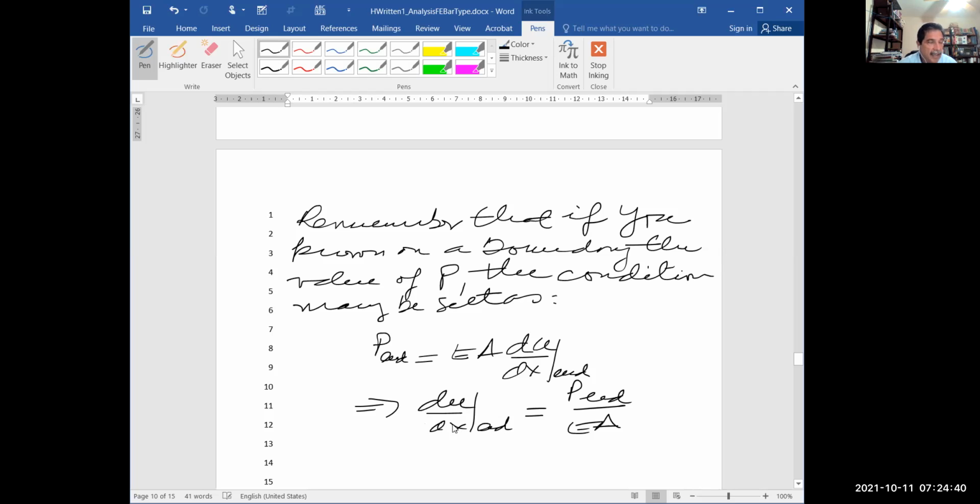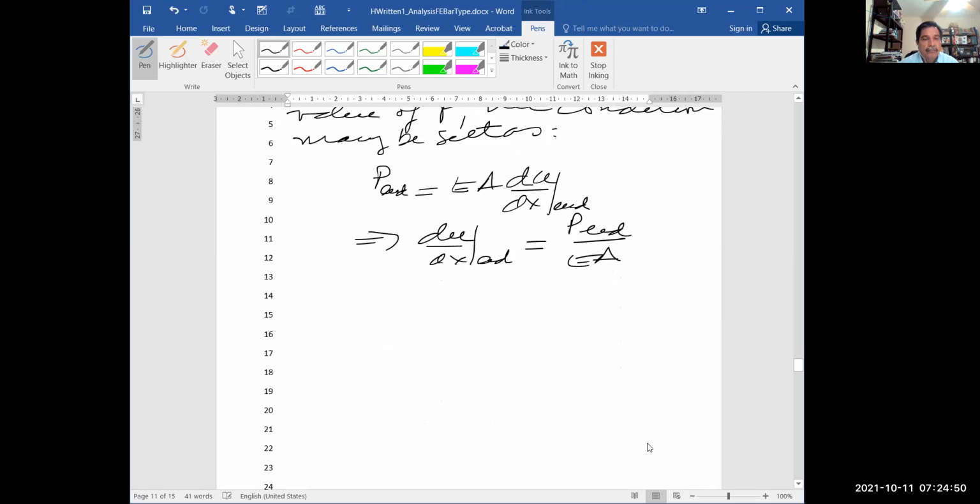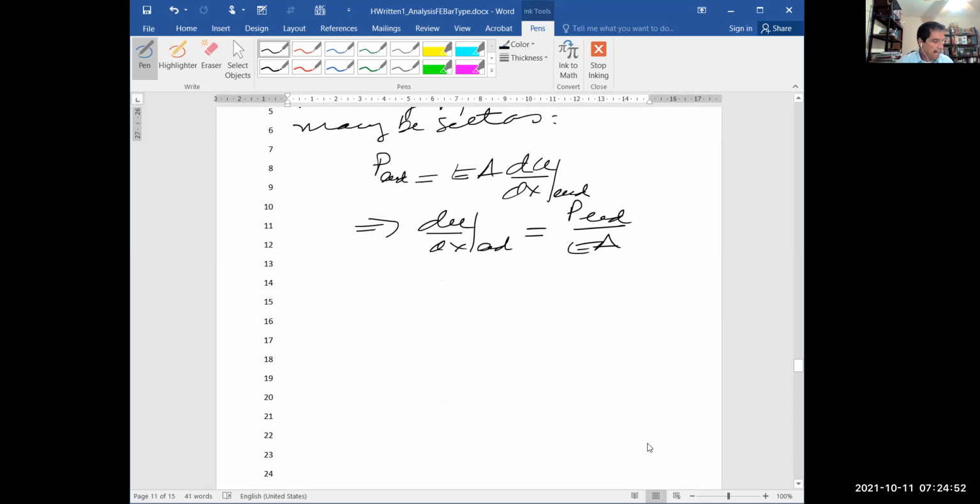The other classical case is to know the value of the displacement, U. So that's, if we need to solve analytically a problem, that's the equation that we can apply, or not only apply, but solve.